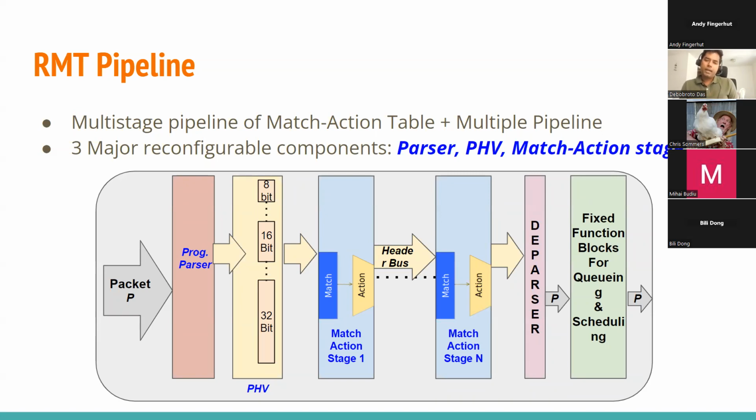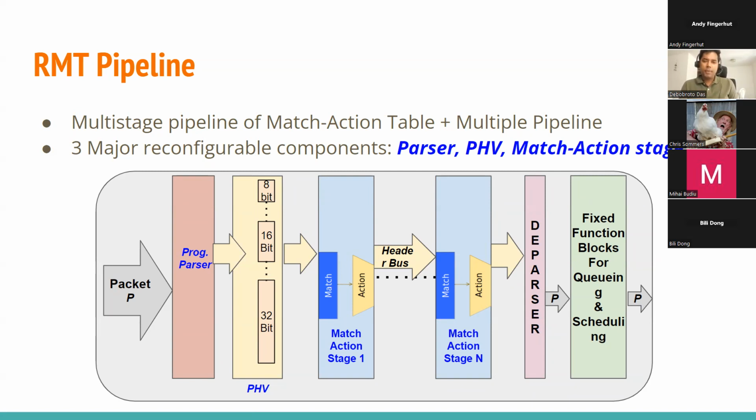The first one is the packet parser. The second one is the packet header vector, the container that holds the header fields and carries them through the rest of the pipeline. The packet header vector, parser, or any other reconfigurable component has a limited amount of capacity.